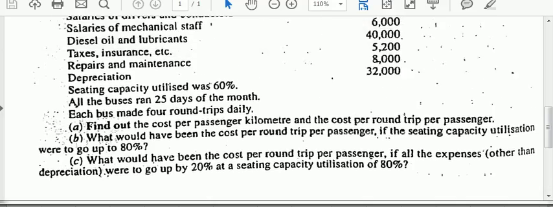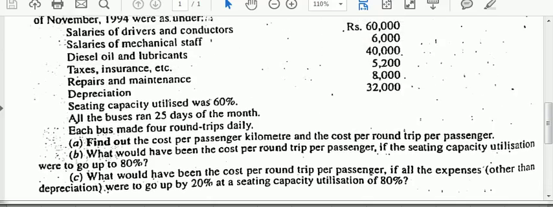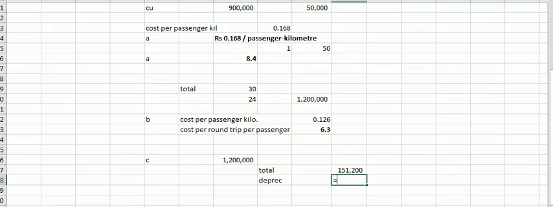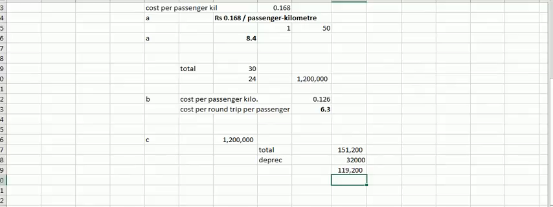Why am I subtracting depreciation? Because part C said that all expenses have increased except depreciation. So let us remove depreciation first. The amount of depreciation is 32,000. If we remove depreciation from this amount, it will be 119,200.